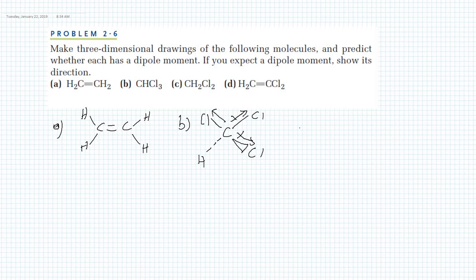Let's move to option C. In option C, again, we can draw the same way. We have a carbon. We can draw 2 chlorines and 2 hydrogens. I'm going to draw the chlorines as solid or straight bonds, and I'm going to draw a hydrogen with a dash, and the second hydrogen with a wedge bond. You know, the carbon-hydrogen bond is not polar.